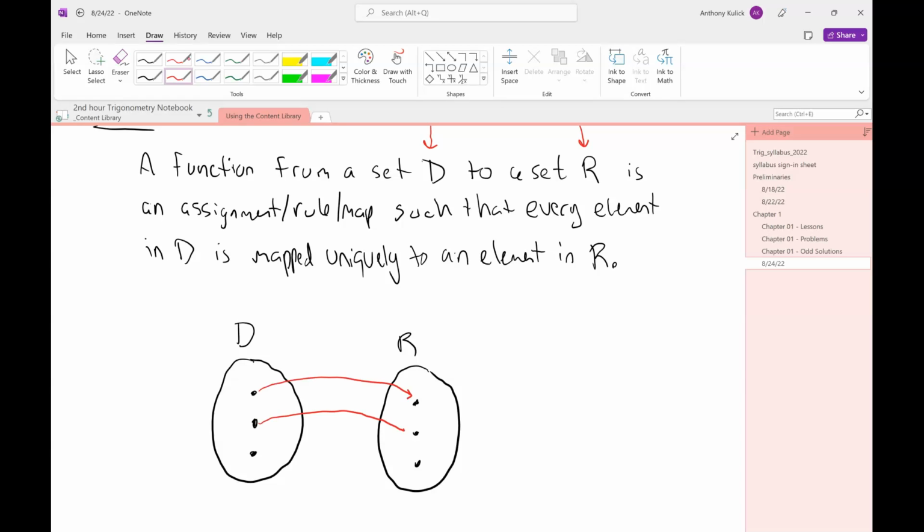So an example of a function might be a map that pairs the first thing in D with the first thing in R, the second thing in D with the second thing in R, the third thing in D with the third thing in R. This is a function because everything in the domain is mapped somewhere, and each of those mappings only goes to one place.